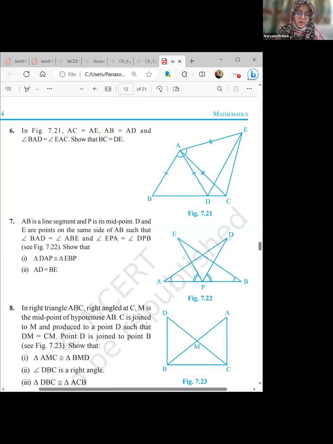Okay, look, I'll give you a hint. Look at these red markings. That is also a piece of information that we are missing, na? We haven't used that piece of information anywhere. How can we use that piece of information? The red markings, the red angles that are equal to each other.